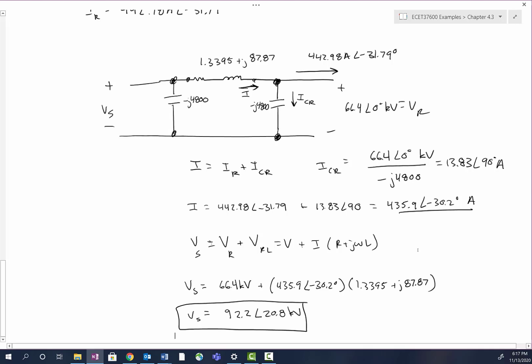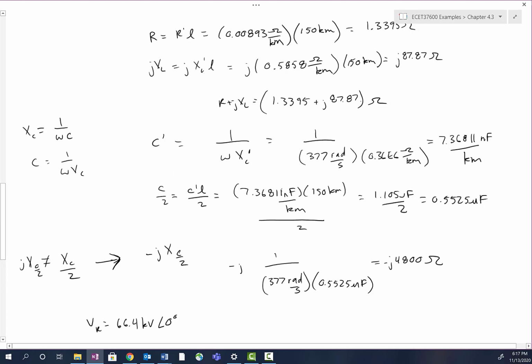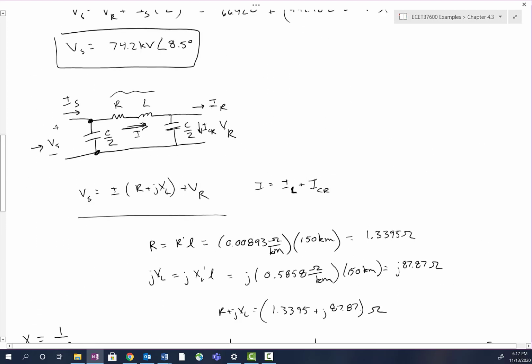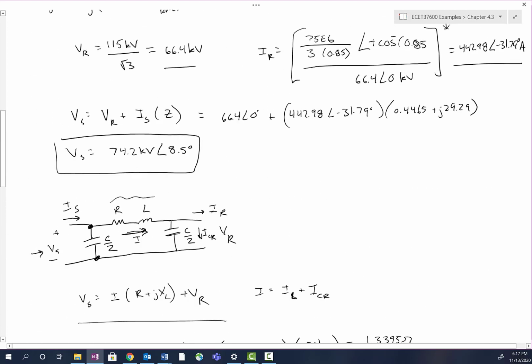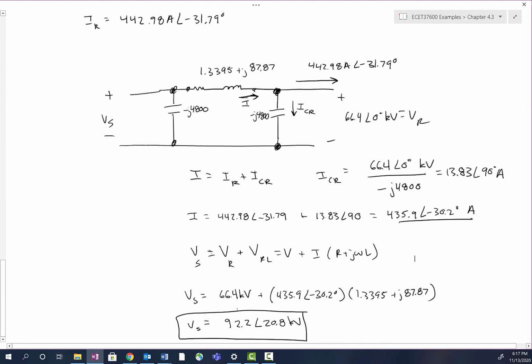So we can compare that to what we calculated in part A. We had 74.2 kV for the sending end voltage, with a slight leading angle of 8.5 degrees. Here we've gone up to 92.2 because of the voltage drop.